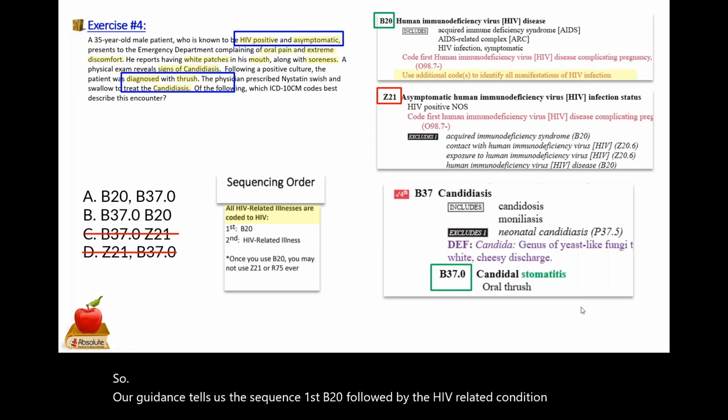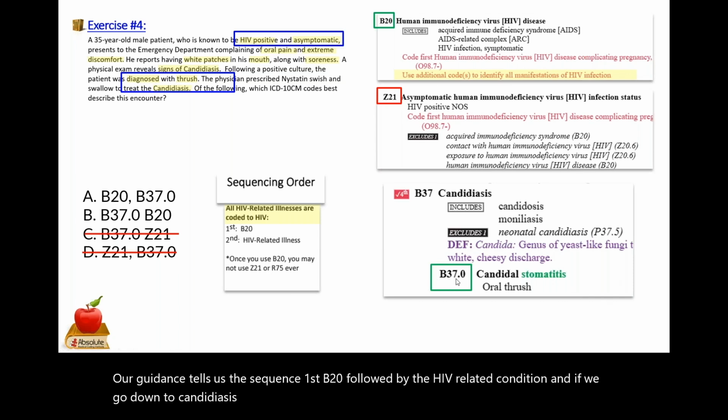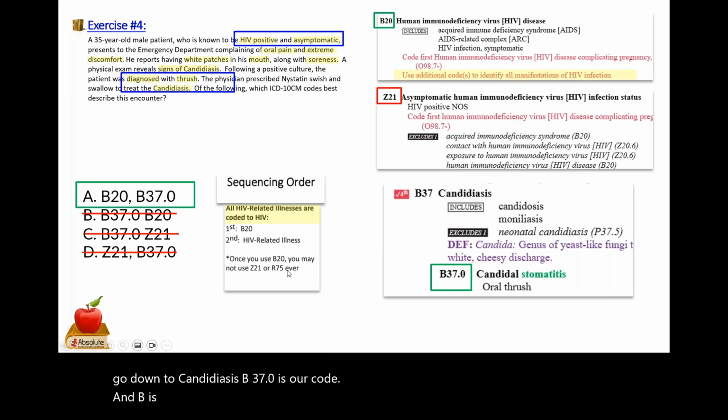And if we go down to candidiasis, B37.0 is our code, and B is sequenced incorrectly. A is our answer. And if you got that right, outstanding. But if you had an aha moment, that is priceless.